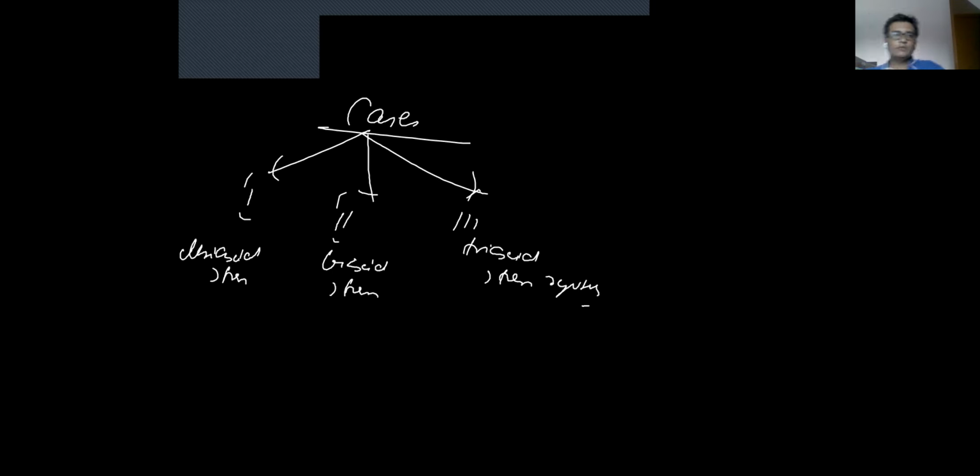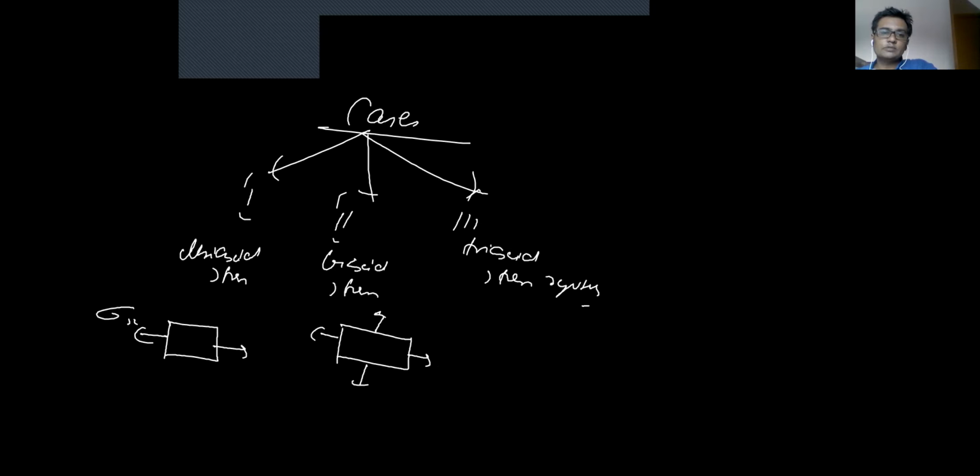For the uniaxial stress, suppose this is a block and only one stress is acting on it, sigma x. In biaxial, we have two different stresses acting in different directions, sigma x and sigma y. Nature can be same or different.